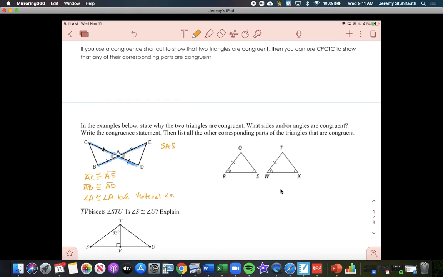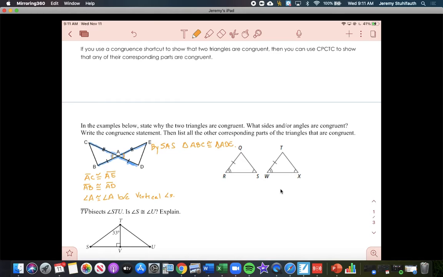So what we can say is, by side, angle, side, triangle ABC is congruent to triangle ADE. Again, remember, your corresponding angles and your corresponding letters need to be in the right order.